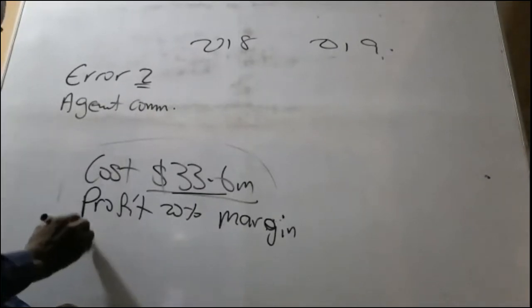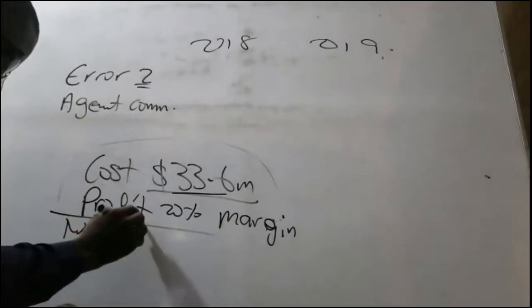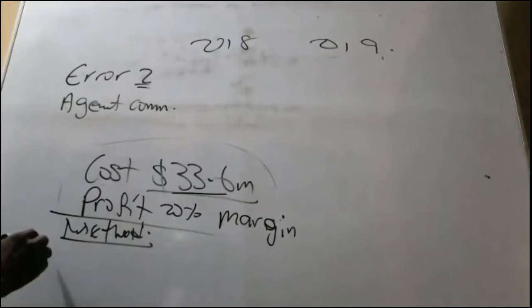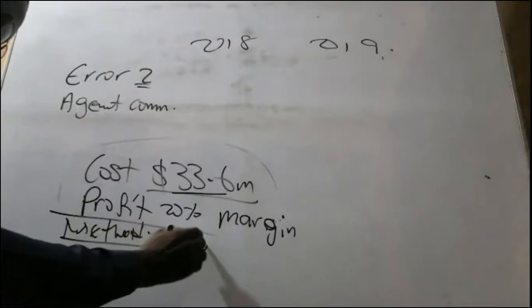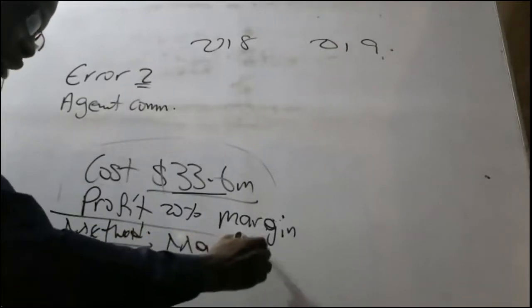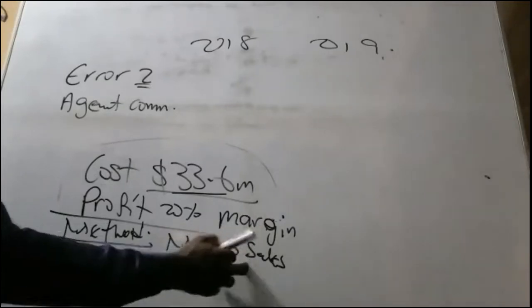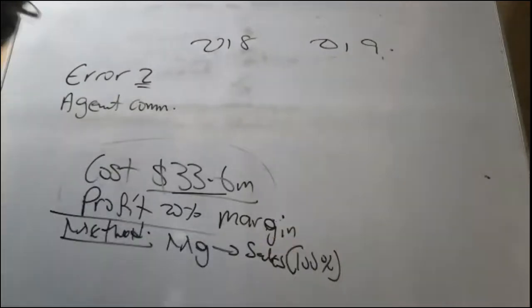First method. So method 1. Imagine margin is on sales, right? So when you see margin, it's on what? Sales. Margin is on sales. The one that is on it, that means sales is what? 100%. Wow, that's interesting.